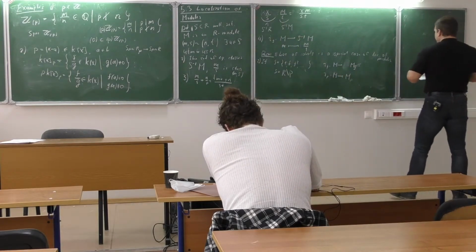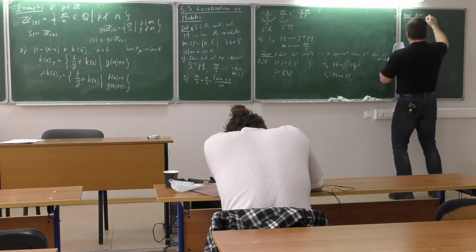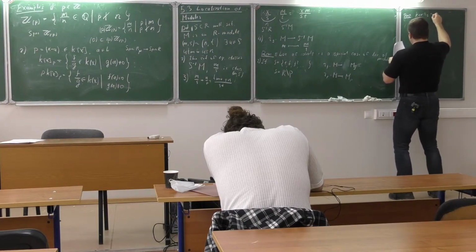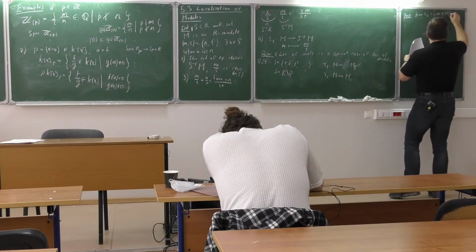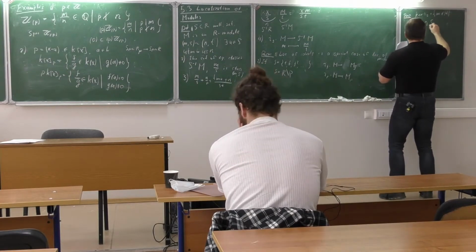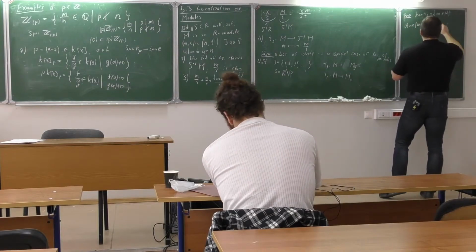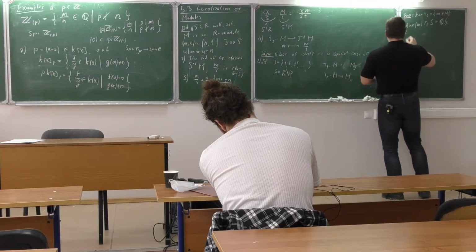Okay, it looks like I still have time to prove a proposition. So the kernel of the map iota_S is exactly the set of all elements in the module M such that the annihilator of this element m intersected with the multiplicative set S is actually empty. So this is the first part of the proposition.